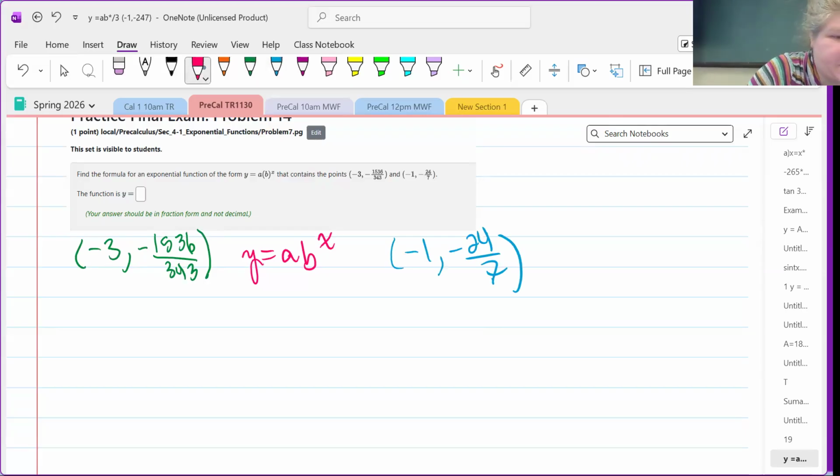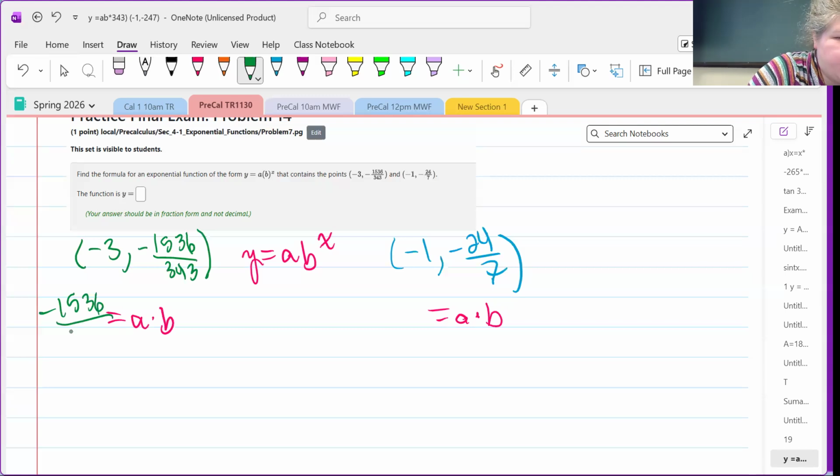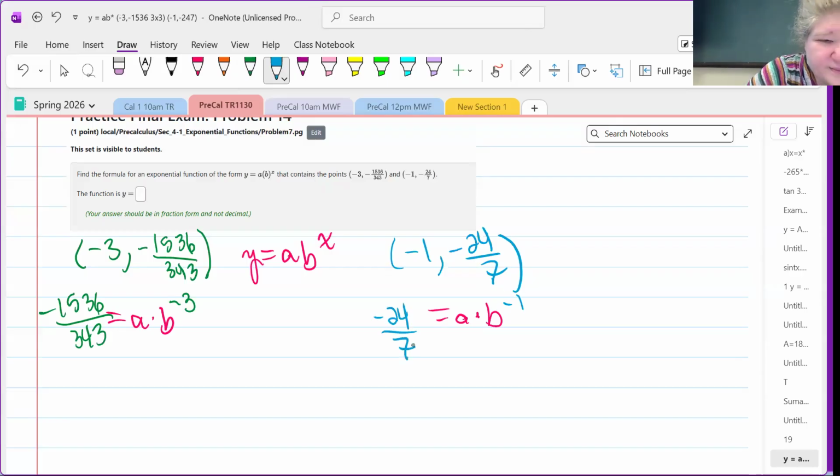All right, so first thing is just plugging these numbers into the formula.